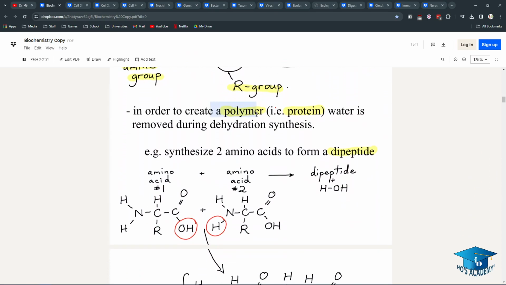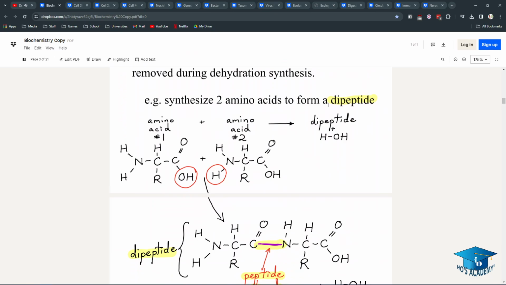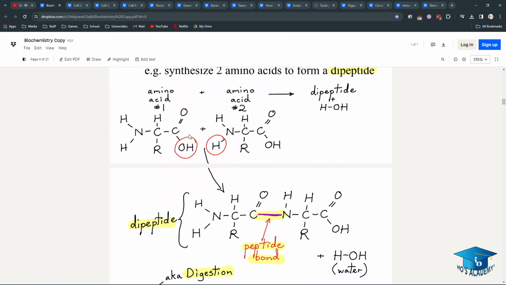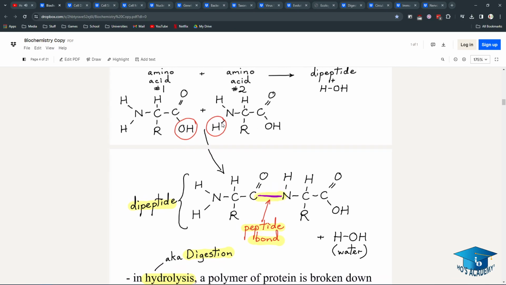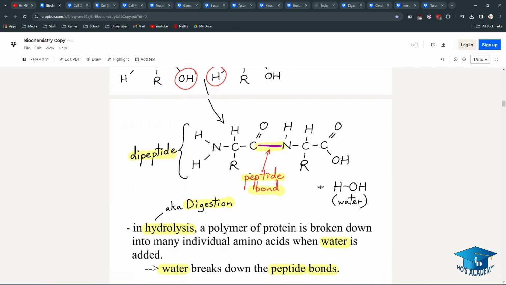So to create a polymer, a polypeptide in this case, or dipeptide, you would take the 2 amino acids. The R groups aren't significant yet, but you would take the hydroxide and the hydrogen atom, remove them, and draw a peptide bond where they were removed. You see how there was a carbon here and the hydroxide group was attached here, and the hydrogen. You'd join these 2 with a bond, and this one is called a peptide bond, but it's just a covalent bond.